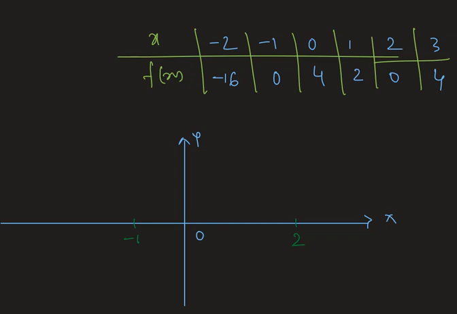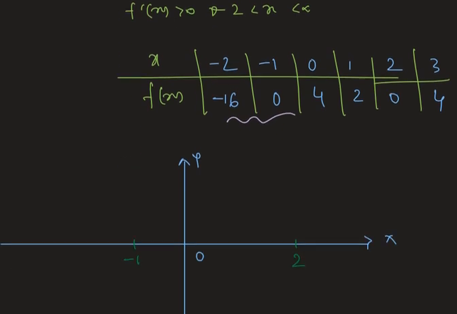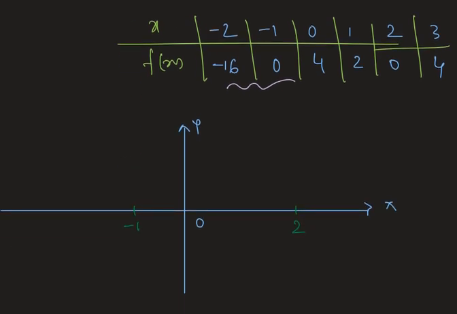Now as we can see, for minus infinity to 0, that is strictly less than 0, the slope is strictly positive. So for minus 2, minus 1, we get negative values of f(x), but the slope is strictly positive. Therefore, we get a graph that looks like this.